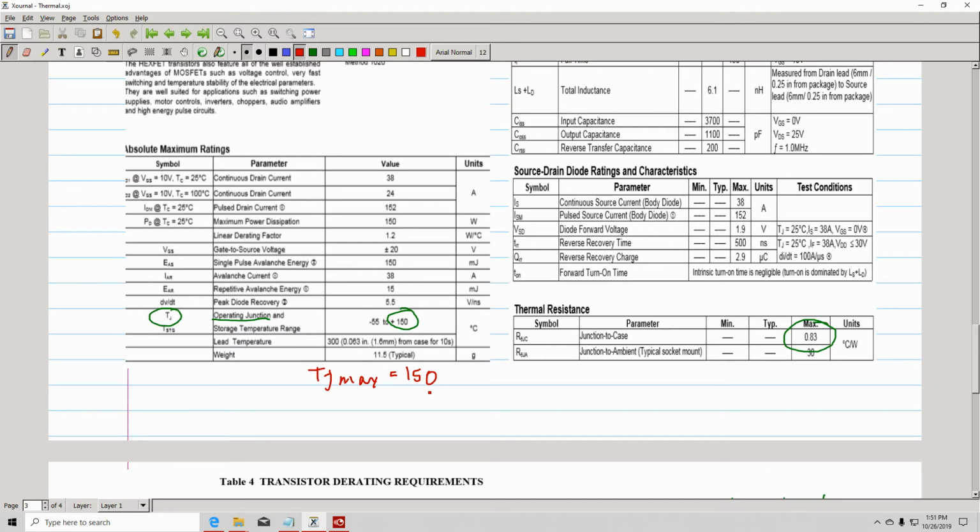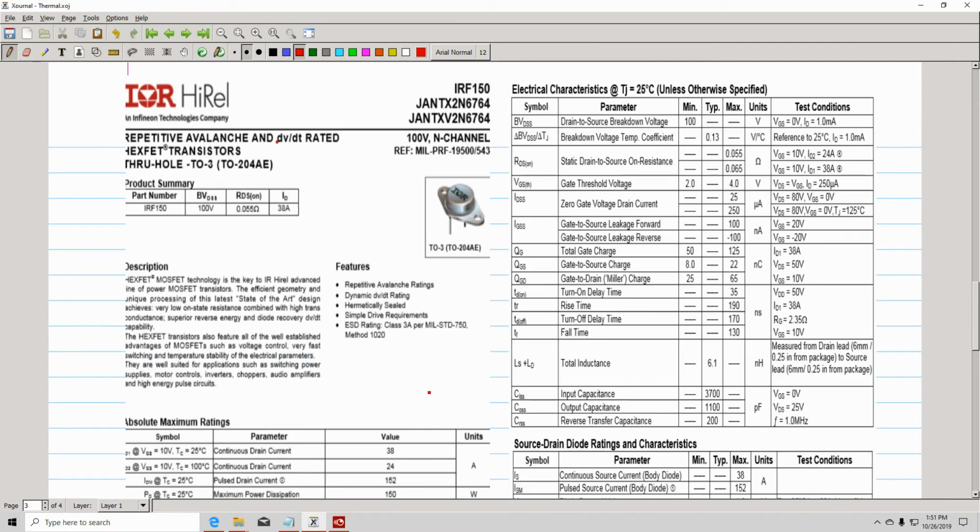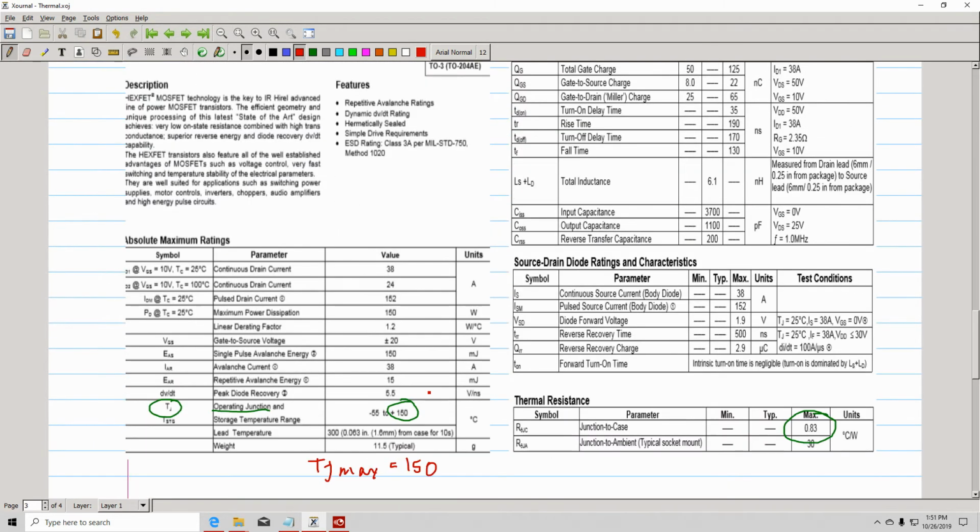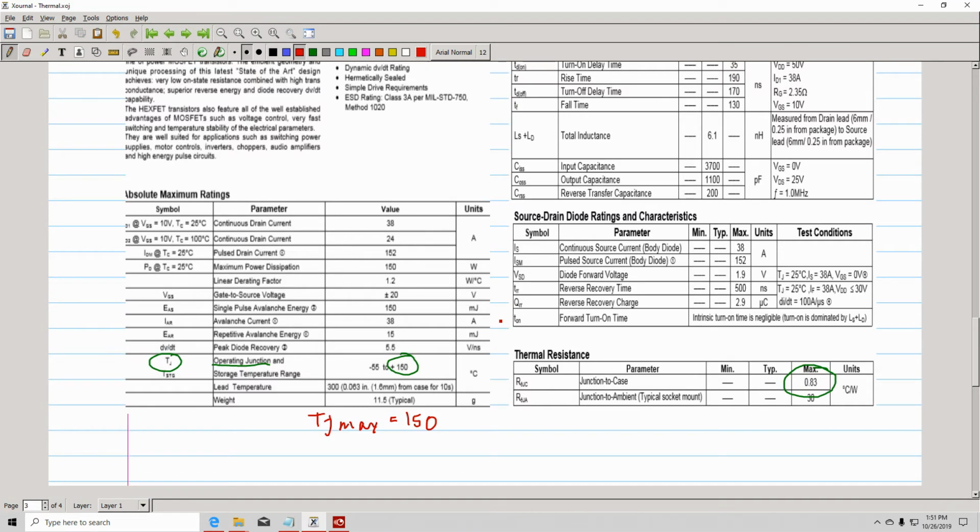Another thing that you can see here is your thermal impedance or resistance. And mind you, it's called thermal impedance because you have a complex quantity.